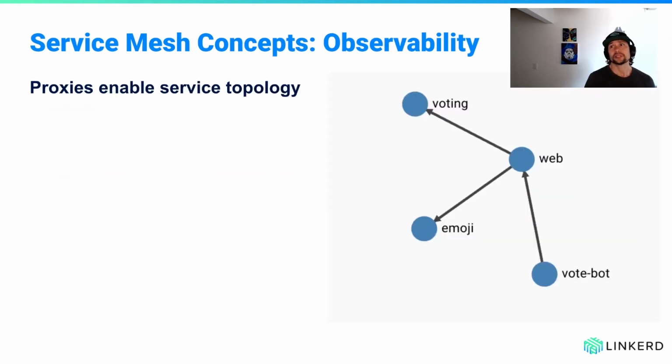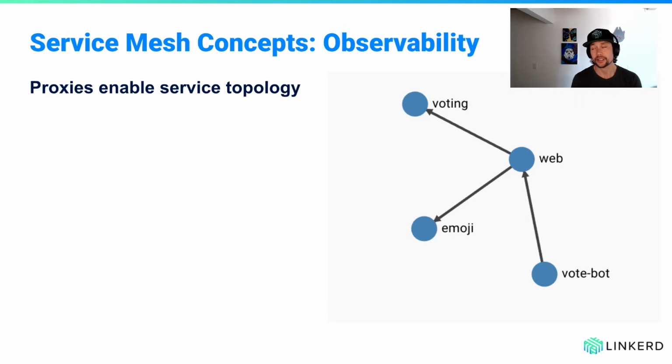Another part of observability that Linkerd offers is the service topology. This is pretty simple. In our demo, we'll see that we've got 4 workloads. 3 of them are services, and 1 is a request generator. In this simple diagram, we see the way that the services are connected to each other.